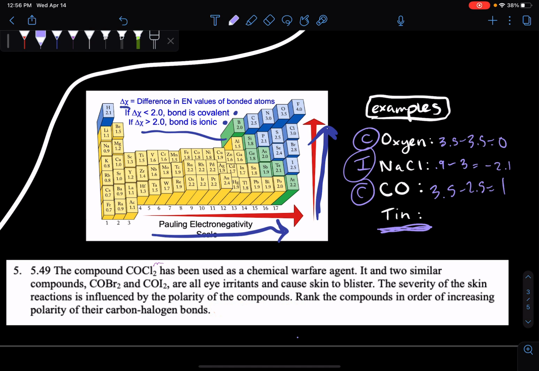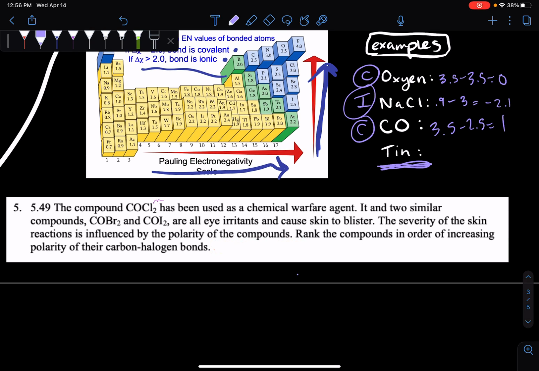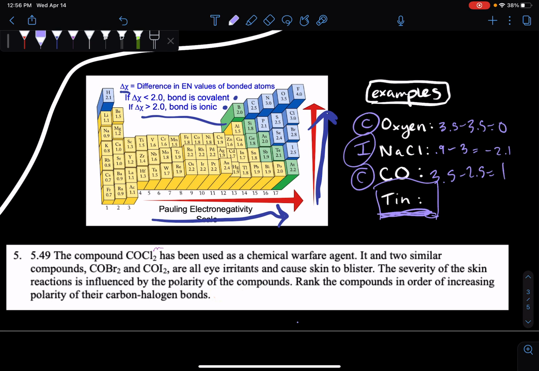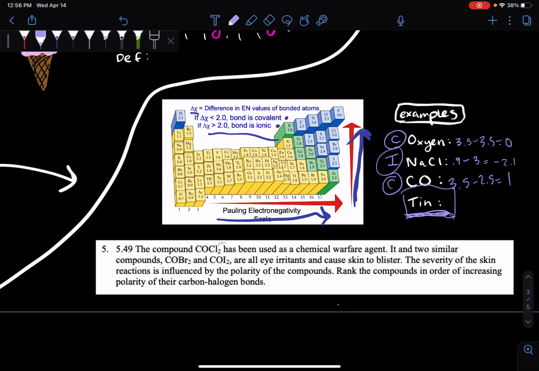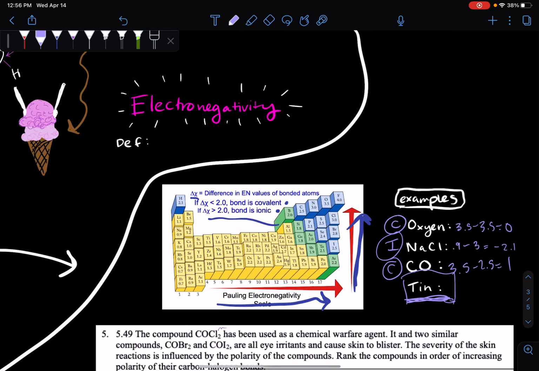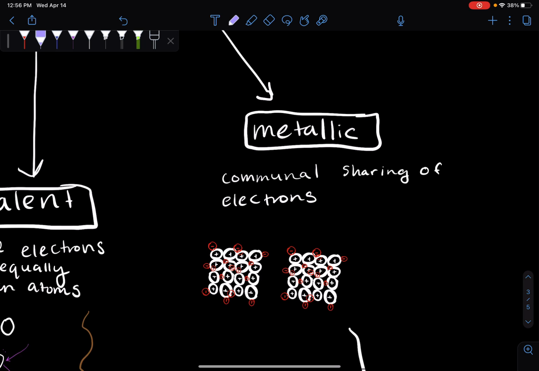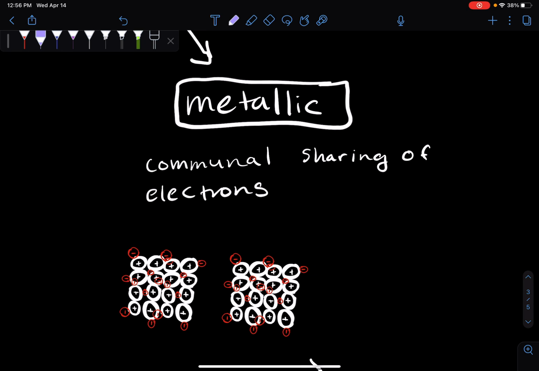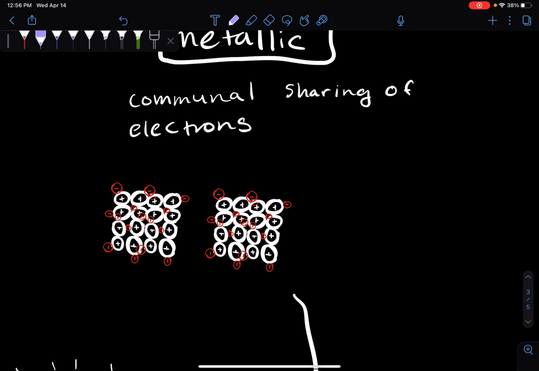And last of all, we have tin. Now, tin is going to actually lead us into our last type of bonding, which we'll talk about right now. It is neither ionic nor covalent. It is actually going to be metallic. Metallic is just the communal sharing of electrons. So here we can see that this is some type of metal, and these electrons are all just floating around.